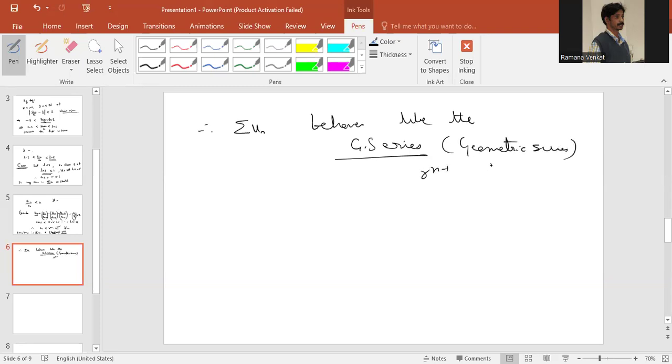R power n minus 1, and we know that this R is less than 1 because R is nothing but L plus epsilon. We've chosen epsilon such that L plus epsilon is less than 1, so R is less than 1.